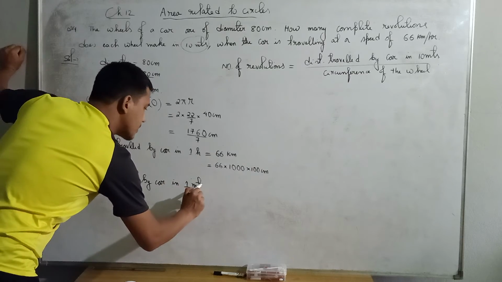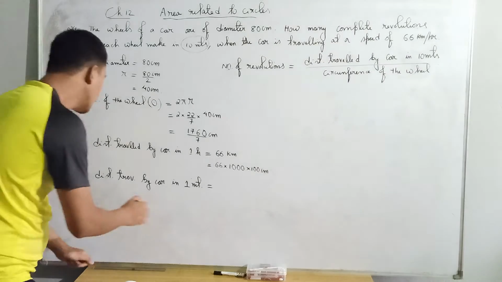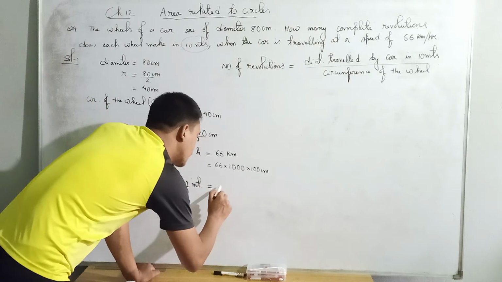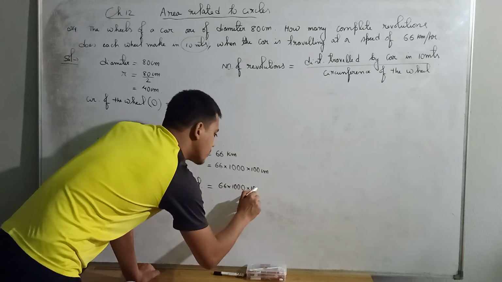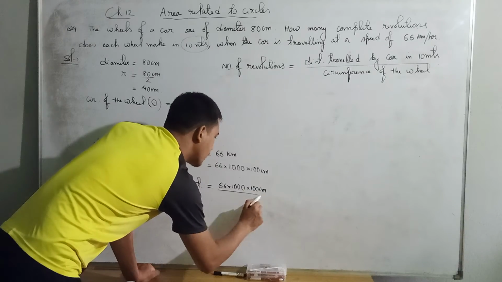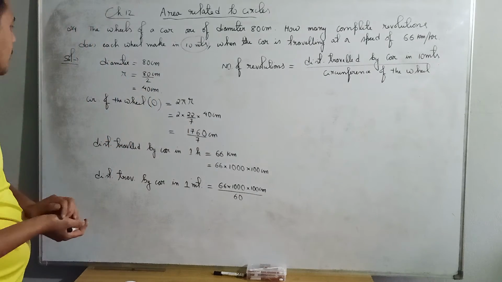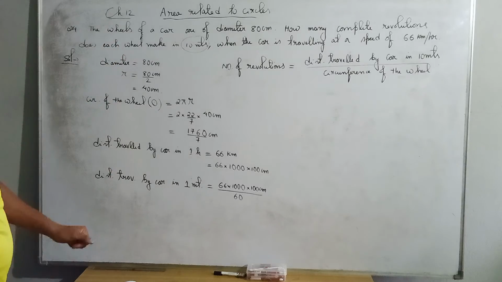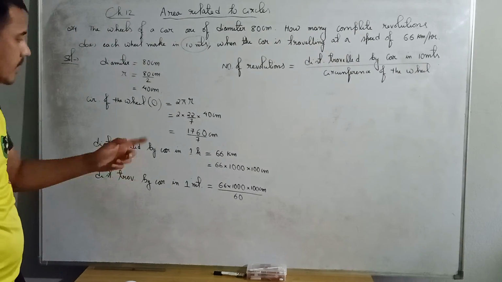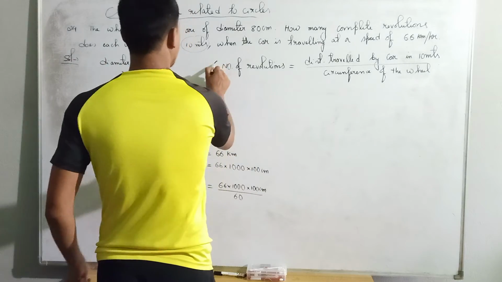To convert hour to minute, we divide by 60. So the distance traveled by the car in 1 minute will be 66 into 1000 into 100 centimeter upon 60. Then in 10 minutes, it will cover 10 times this value. So this is your hint.